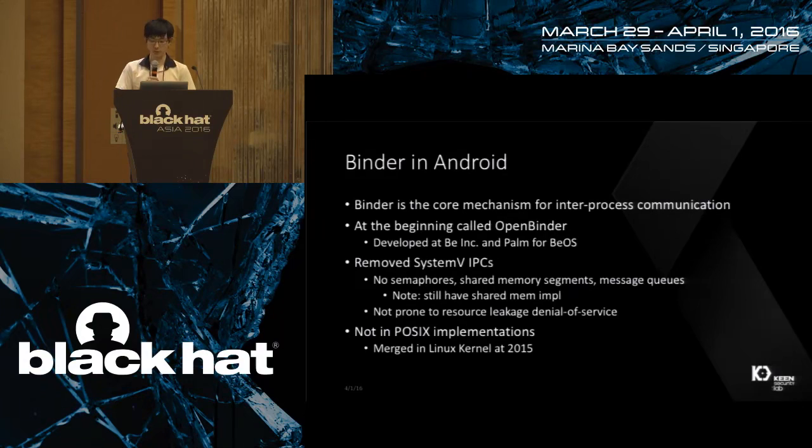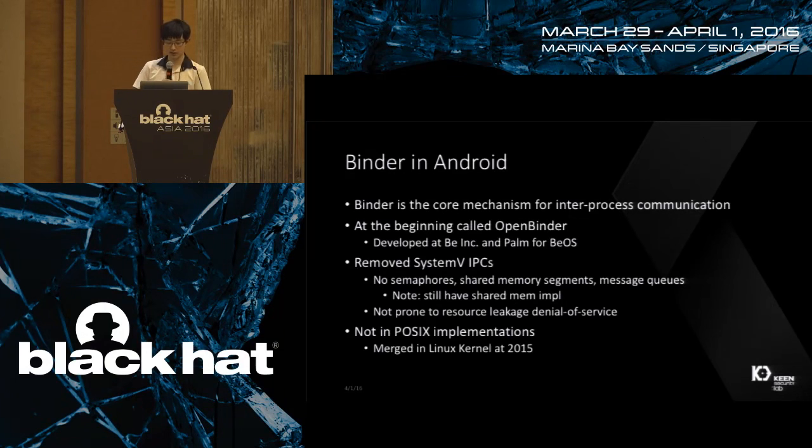There are no message queues, but Android still has shared memory. Android removes the System V IPCs to prevent resource leakage and to prevent denial of service vulnerabilities, where we could create many message queues and many semaphores to make the device unusable.